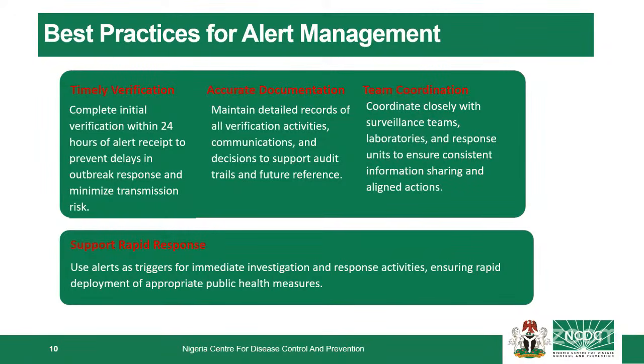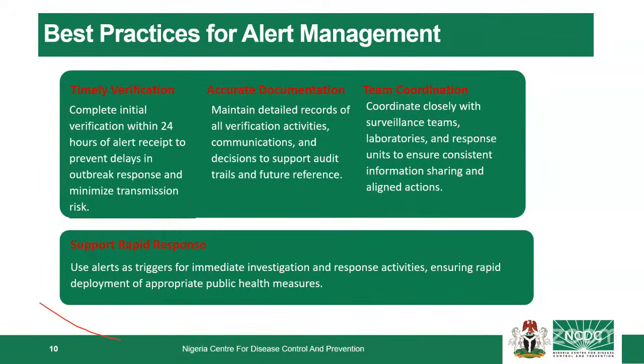And also accurate documentation. The officer and also the team should maintain detailed records of the verification activity they've done, the communication, the decision support, and all other information. Then team coordination. They should coordinate closely as a surveillance team, especially with the laboratory and the response unit, to ensure consistent information sharing and aligned action.